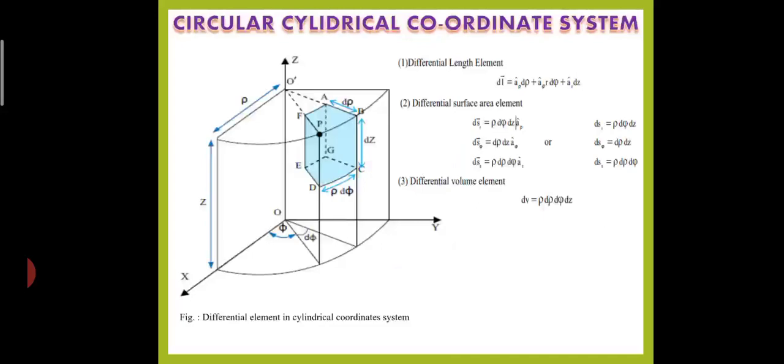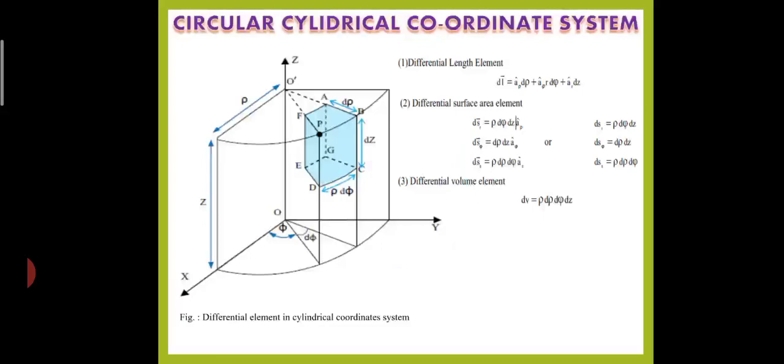Now, there are 2 cylinders of radius r and r plus dr, 2 radial planes at angles phi and phi plus d phi, and 2 horizontal planes at z and z plus dz. All these surfaces enclose a small volume.